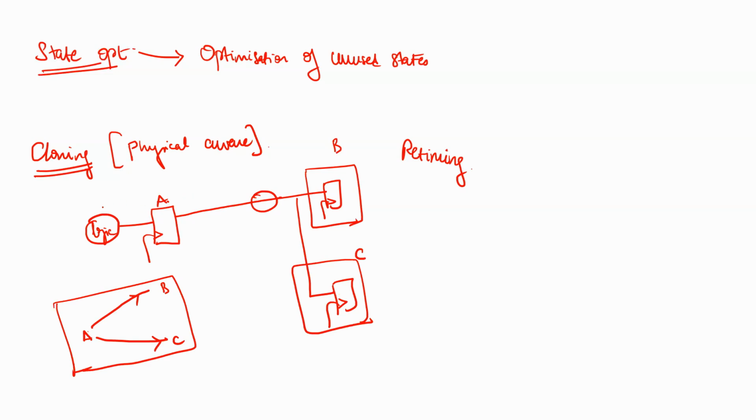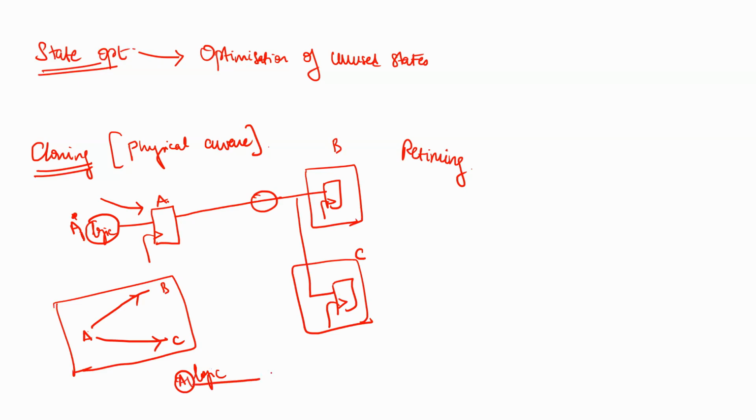Let's say there is large positive slack available at A. Now what we can do, instead of having A as one flop, we can have A as two flops. Since there's a large positive slack available here, I will call this logic A1.